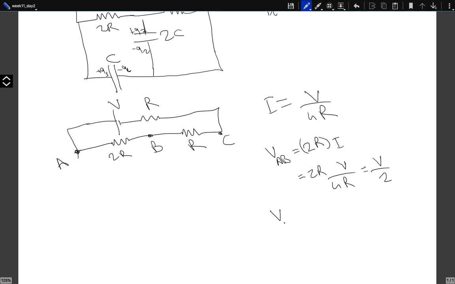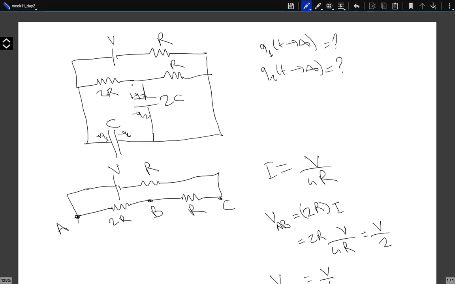Now, what is the potential difference between B and C? Again, the resistance multiplied by the current. The resistance is R, the current is V over 4R, so VBC is V over 4. Those A, B, and C are these points over here.